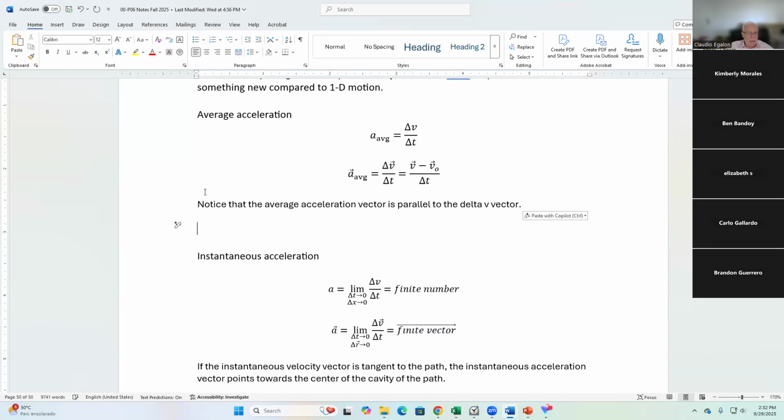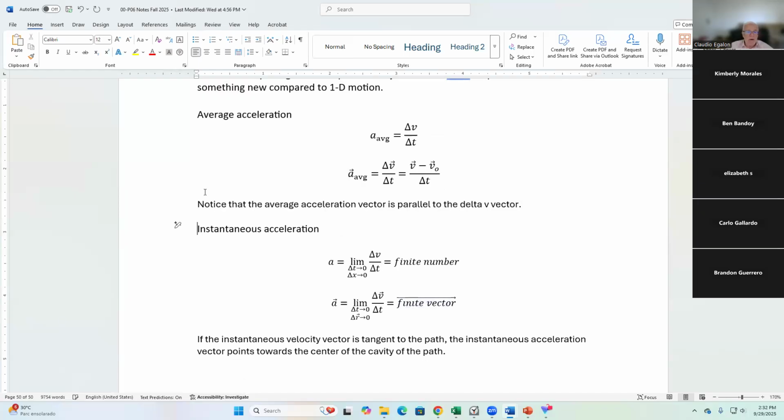Note that the average acceleration vector is parallel to the delta V vector. If the instantaneous velocity vector is tangent to the path, the instantaneous acceleration vector points towards the center of the cavity of the path.